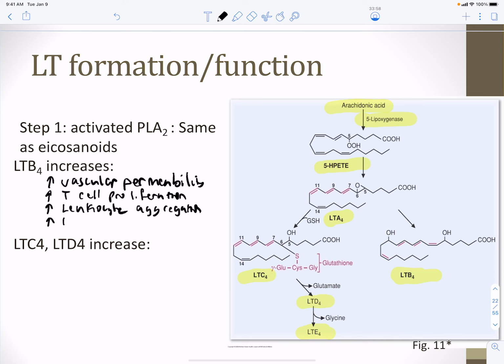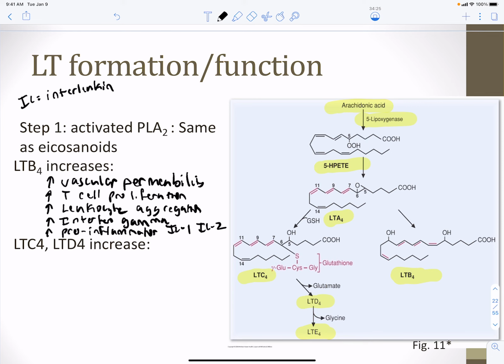It's going to increase what's called interferon gamma production and increase pro-inflammatory IL-1, interleukin 1, and IL-2. So IL equals interleukin. And so those are communicators of the immune system. So all of this together is going to be pro-inflammatory.